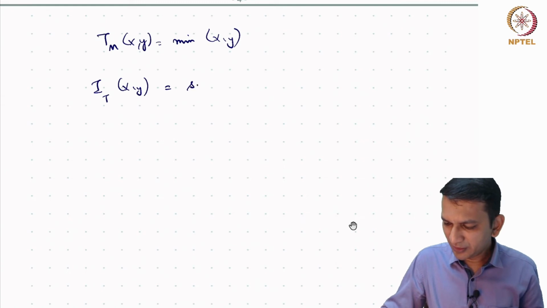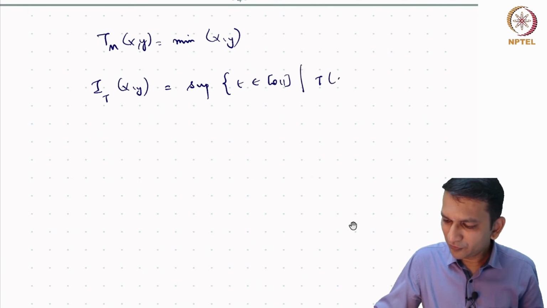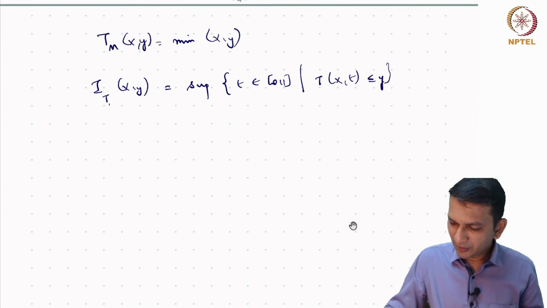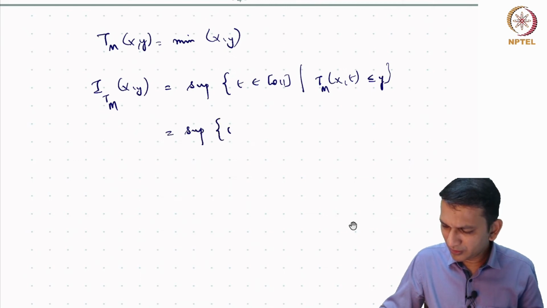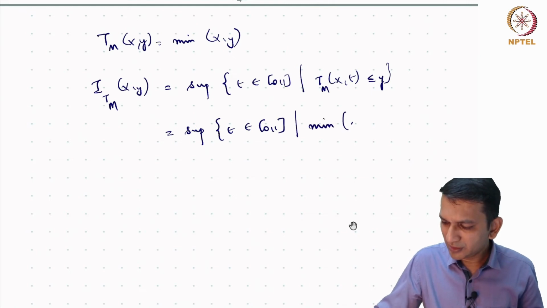Remember, it is defined as supremum of t element of 0, 1 such that T of x comma t is less than or equal to y. Now if you put M here, then you put T_M here. So writing this formula like this, supremum over t element of 0, 1 such that min of x comma t is less than or equal to y.